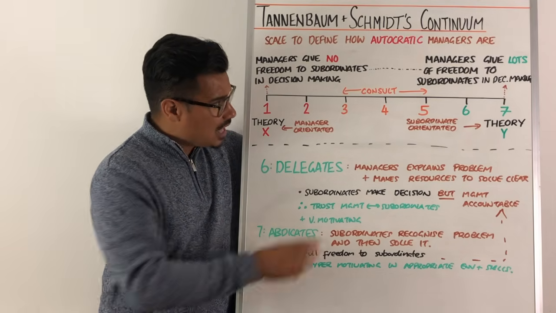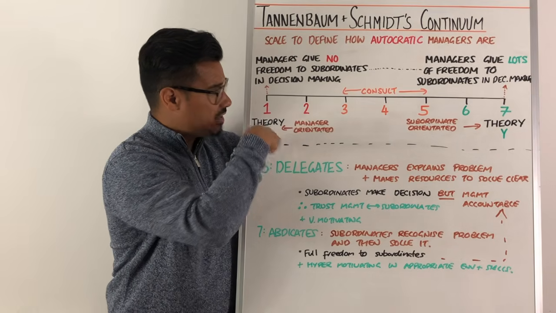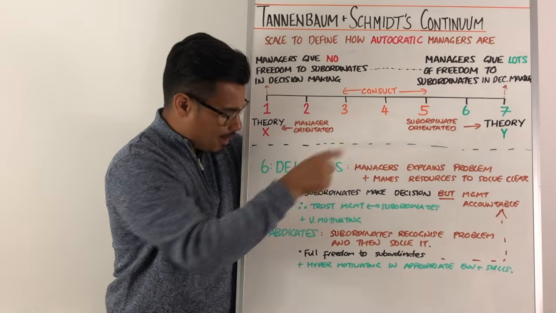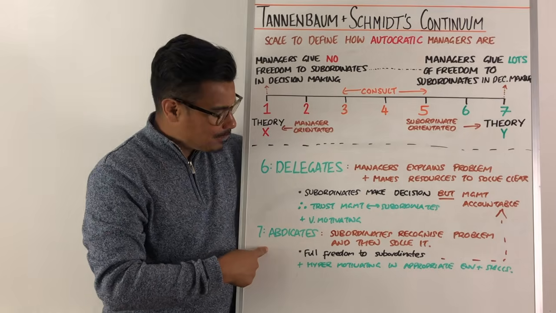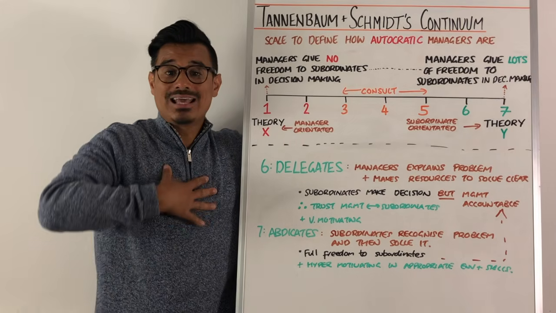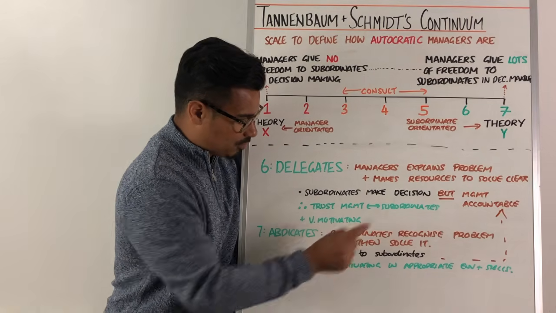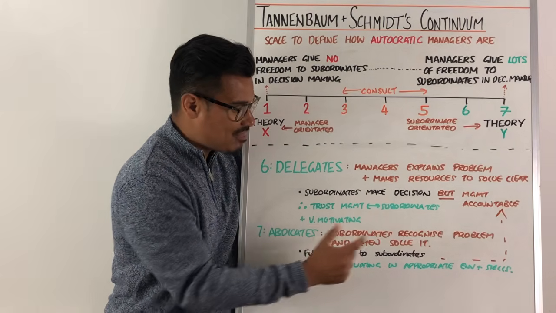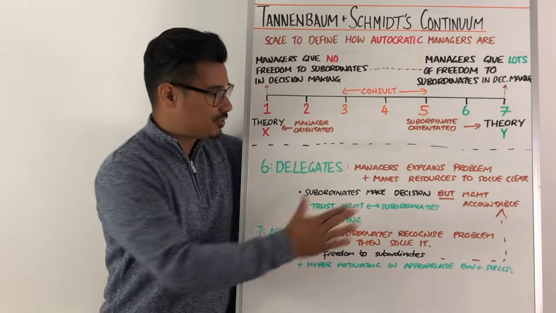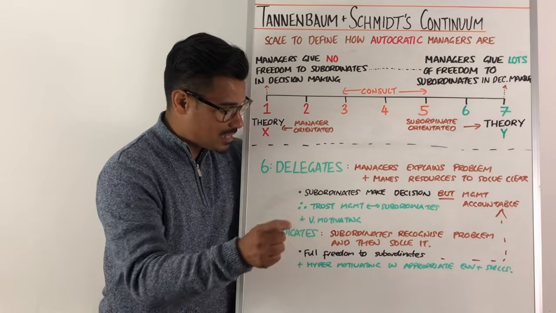The last, the most extreme, the opposite of Theory X, Theory Y, subordinate orientated, number 7, which is abdicates. Abdicates because managers essentially abdicate the decision-making process. Subordinates would recognise the problem, and then go ahead and solve it. That's different to number 6, where managers explain the problem.